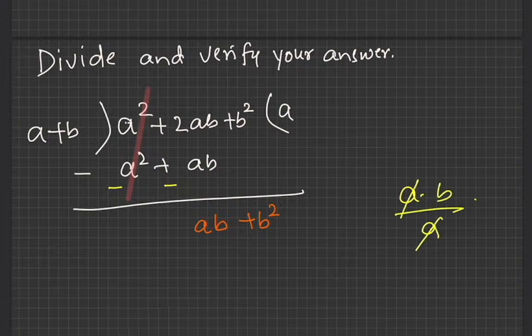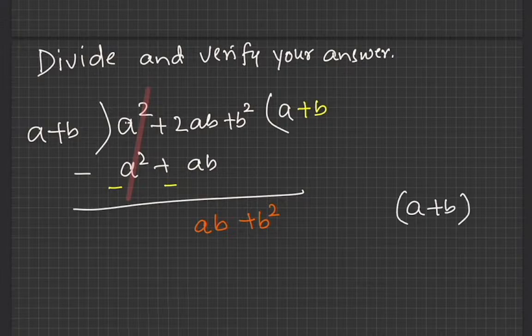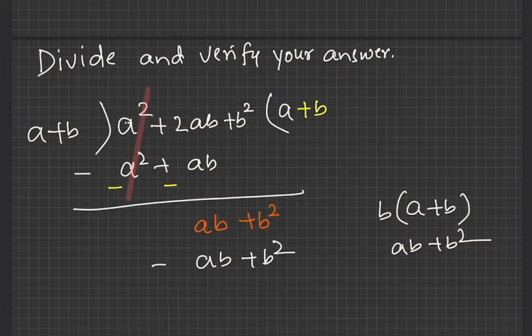So this a cancels, and then I've got b, which is positive b. Right? So now I'm going to multiply a plus b by b. So it is ab plus b squared.